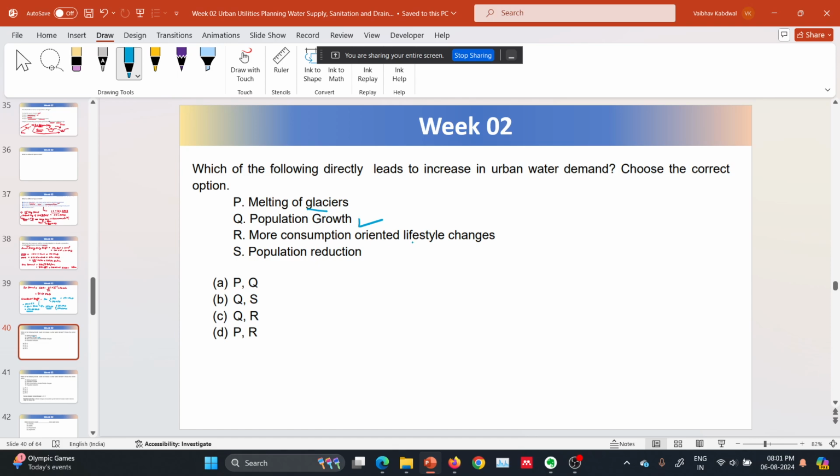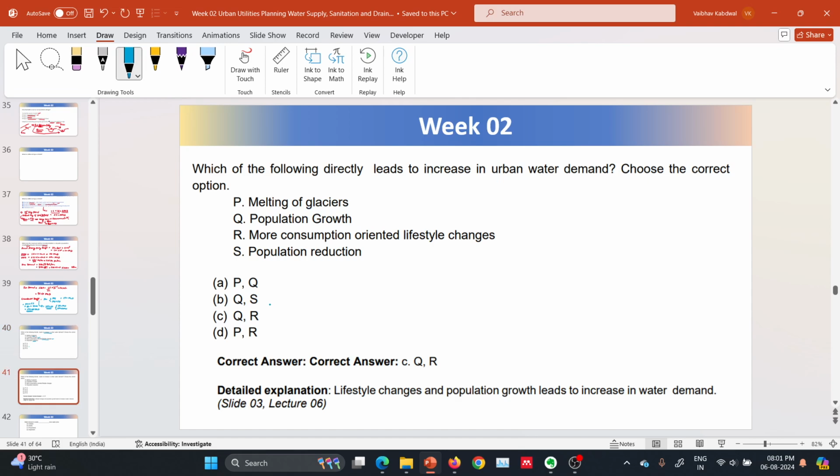More consumption oriented lifestyle changes, yes, it will increase the water demand. Population reduction will not lead to increase in urban water demand. So only Q and R are correct. C is correct here. The correct answer is C.